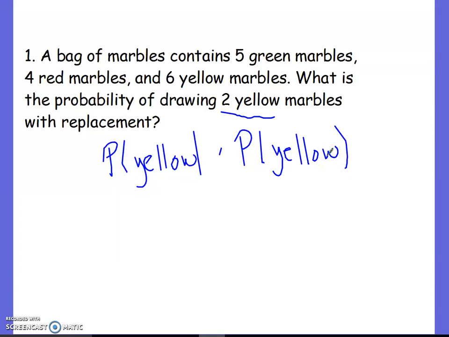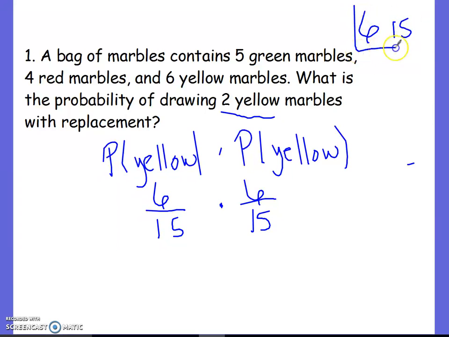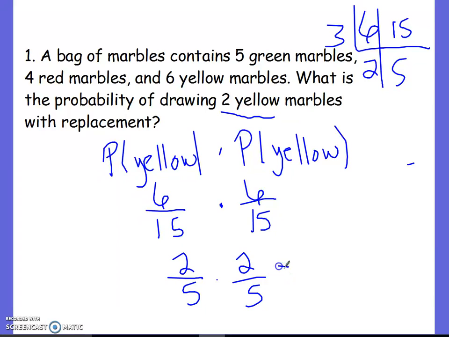I have 6 yellow out of a total of 15. I'm replacing it so the probability does not change, so it's going to be 6/15. I simplify 6 and 15 by 3. I get 2/5. So 2/5 times 2/5 is 4/25.